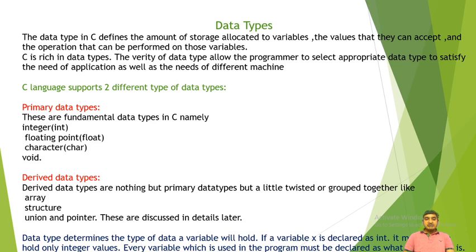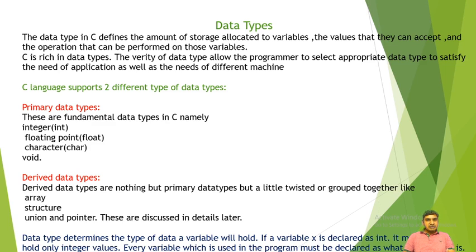Every variable which is used in a program must be declared with what data type it is. So while writing the program we have to declare the variables, and for variables we have to declare the data type.